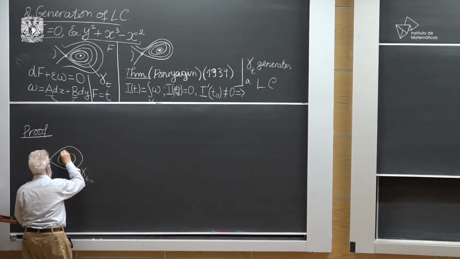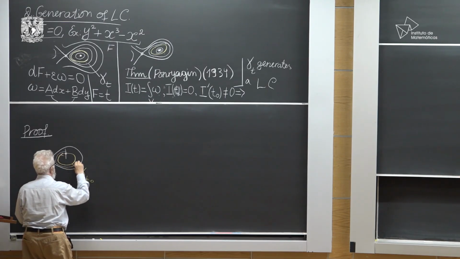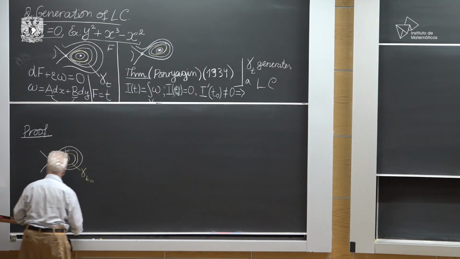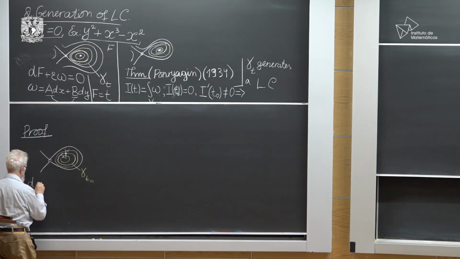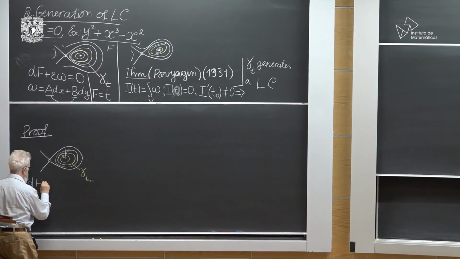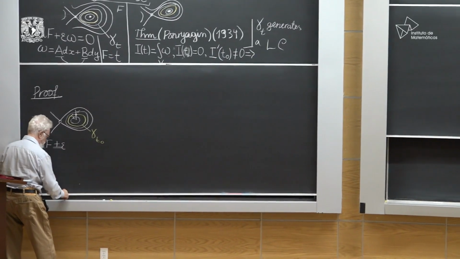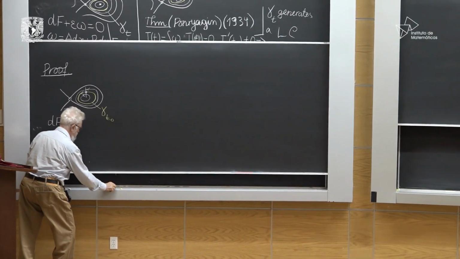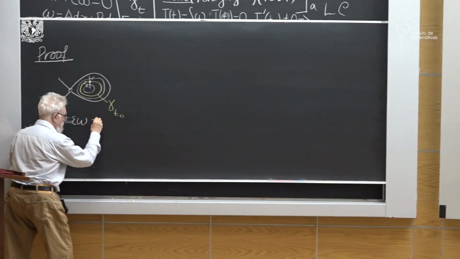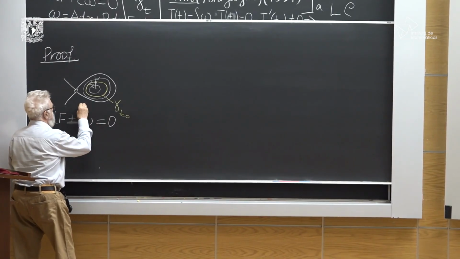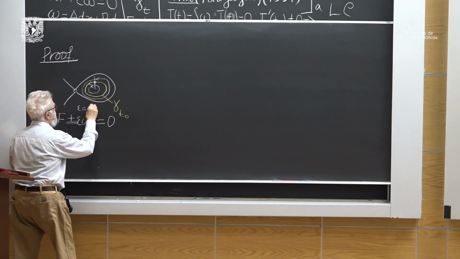Say the arrows go this way. All the orbits are closed. And we consider the equation dH plus epsilon omega equals 0. And this is the case epsilon equals 0.